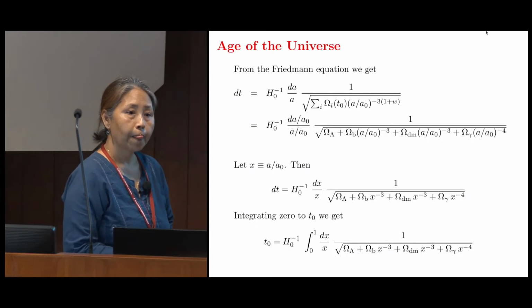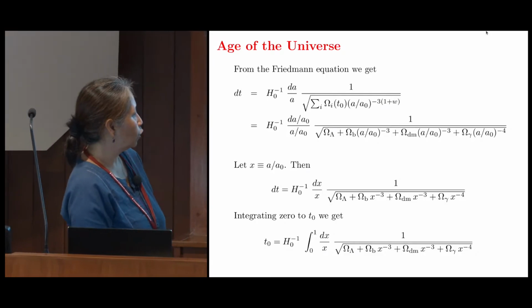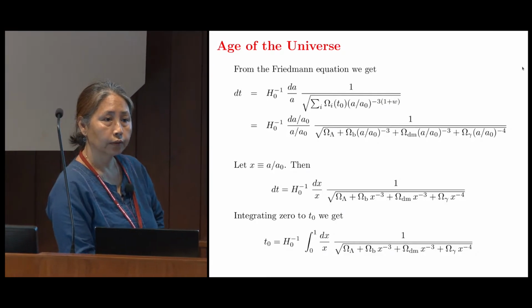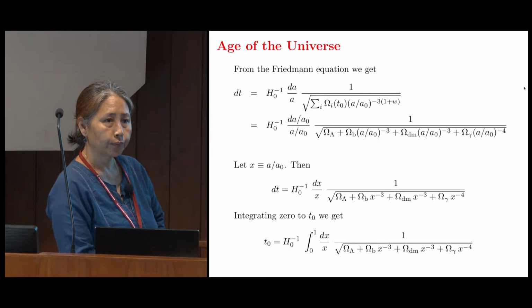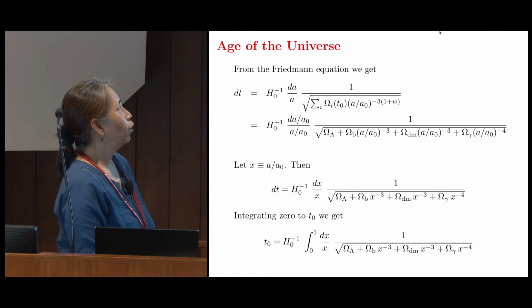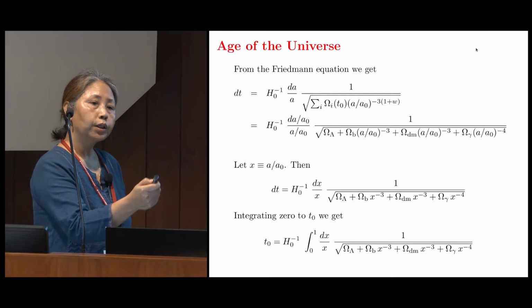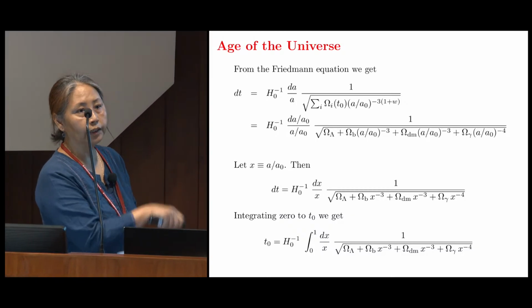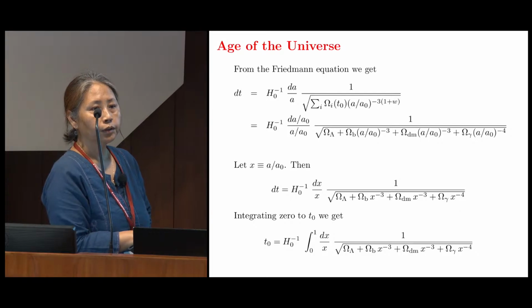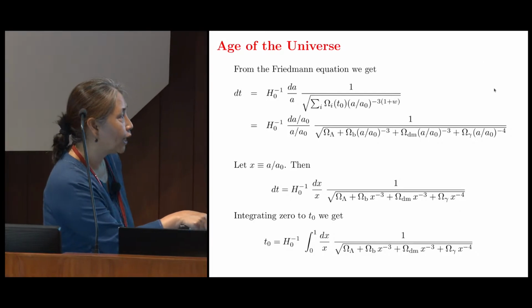Are you assuming the metric is flat? I am not assuming anything. While you derived the equation for a, at that time you assumed the metric was flat. No, the metric was used to derive the Friedmann equation. I am using the Friedmann equation to write this equation. Yeah, but there is no k here.